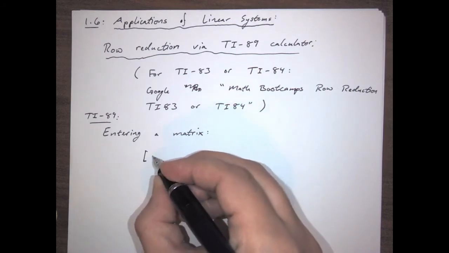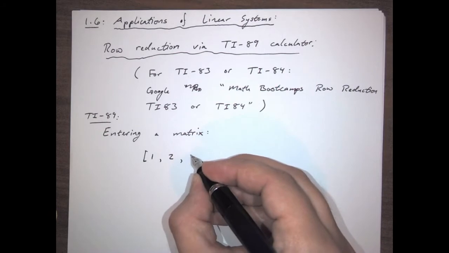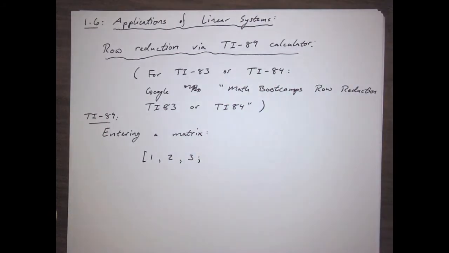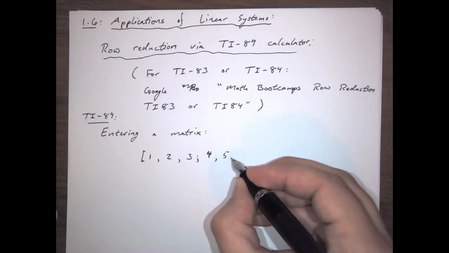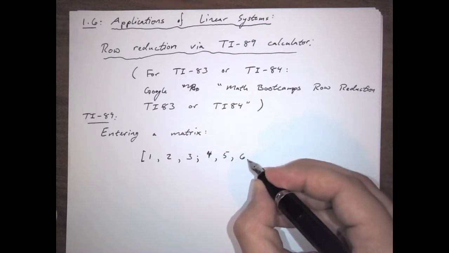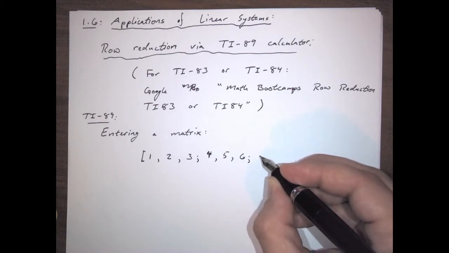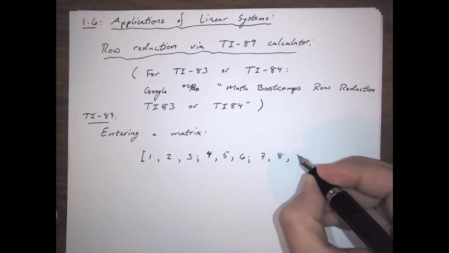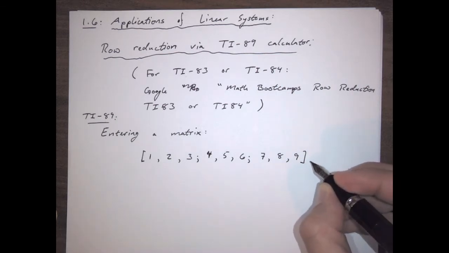Then 1, 2, let's say 3, and then if you use a semicolon, that ends the row. Let's say 4, 5, 6. Another semicolon will end that row. And then let's say we have 7, 8, 9. And then you end the square bracket.